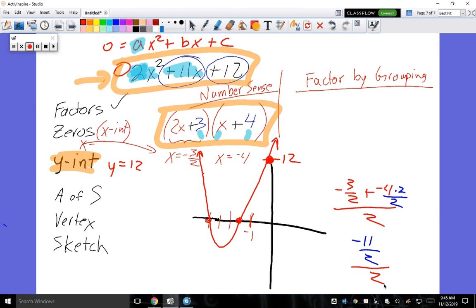Negative 11 halves divided by 2 is the same as keep, change, flip. Oops. So it would be negative 11 fourths. So x equals negative 11 fourths. Okay, so then the vertex has negative 11 fourths as the x.